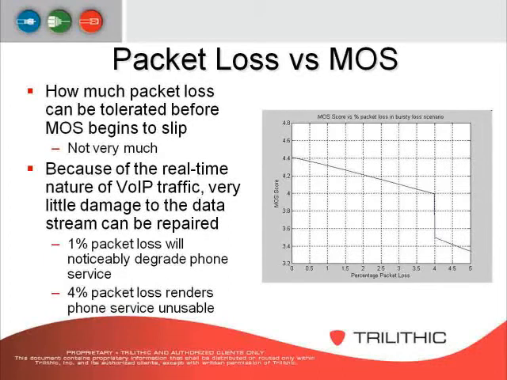And that's what was explained about the 4% packet loss rendering the phone service unusable. When you get to like a 3.5, you can see it's getting close to the point where the service is unusable. So you can use this as a basic graph of how the phone quality relates to the MOS score when you start talking about packet loss.